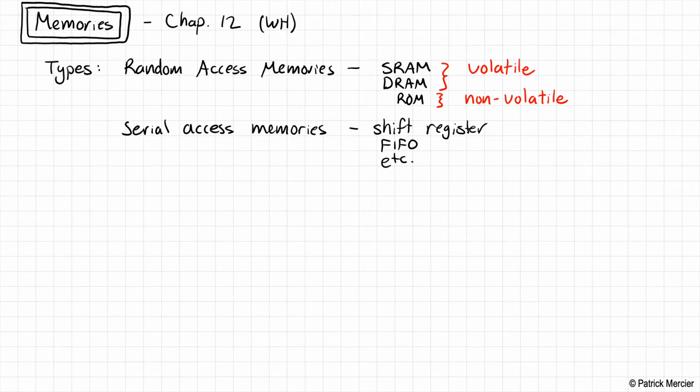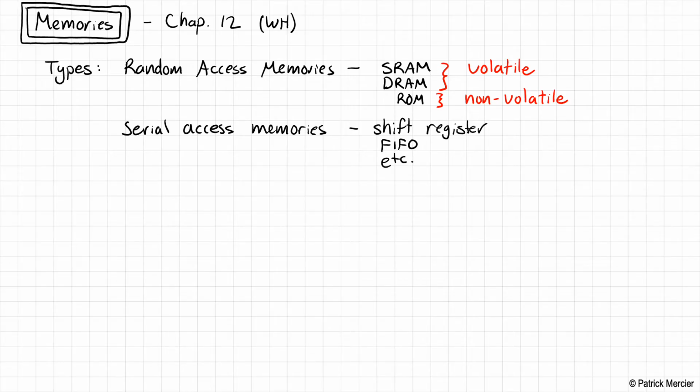In a shift register or FIFO, we shift data into the memory, and the first data that's shifted in will eventually be shifted out. But we can't just access memory bit 13 directly in our FIFO or shift register memory. We have to go through and read all of the bits that were shifted in before that bit in order to access it.